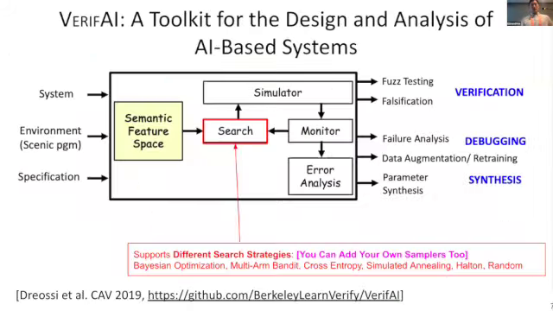So if I may go back, it can be used for different purposes. One big use case is what we call falsification, which is to search, and search here means sampling, right? Sampling from the distribution of scenarios that's modeled in the Scenic program. And the purpose of sampling is to search for scenarios which lead to the violation of the specification that you're providing.